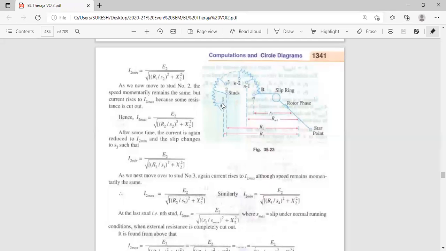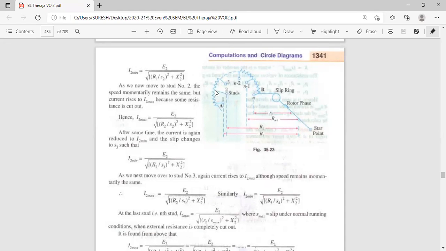Any doubt on this point? When the switch is in 1, the entering point is 1. What is the leaving point? The current leaving point is 2. Now when the switch is in 1, the current is maximum at 1, minimum at 2. This is the leaving point.